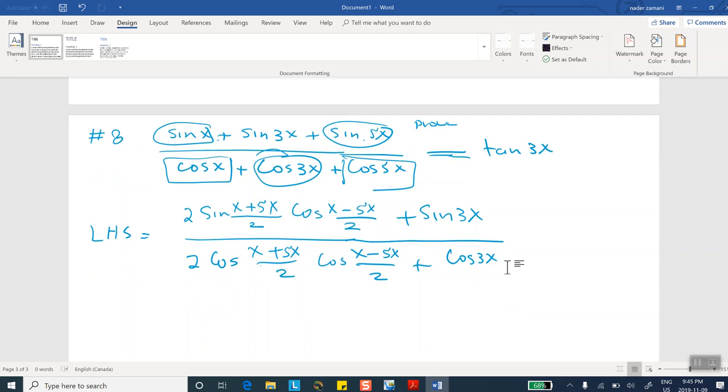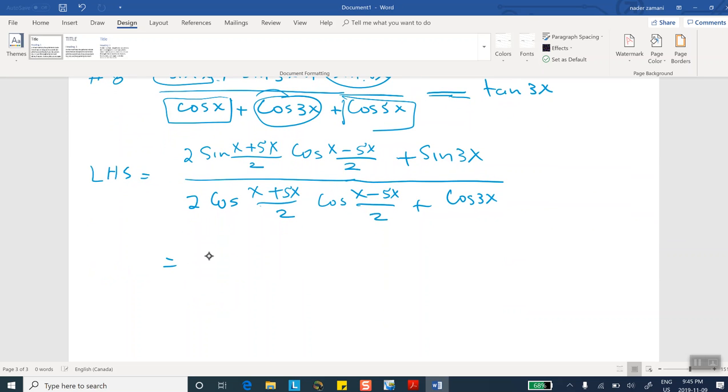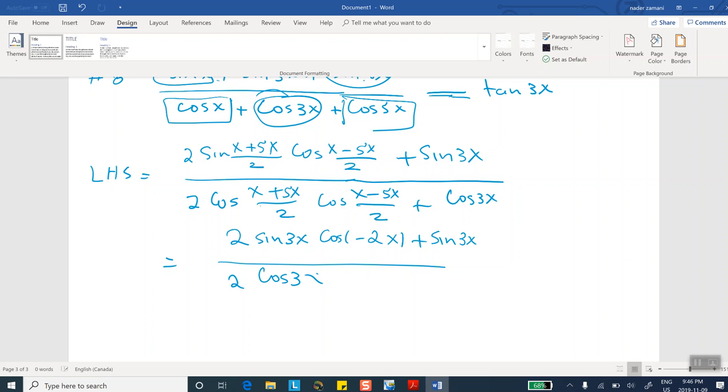Let's do some cleanup. First of all, on the top, I have 2 sine of 3x cosine of minus 2x plus sine of 3x, divided by 2 cosine of 3x cosine of minus 2x plus cosine of 3x.